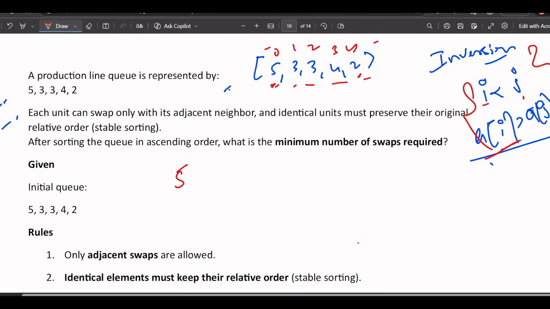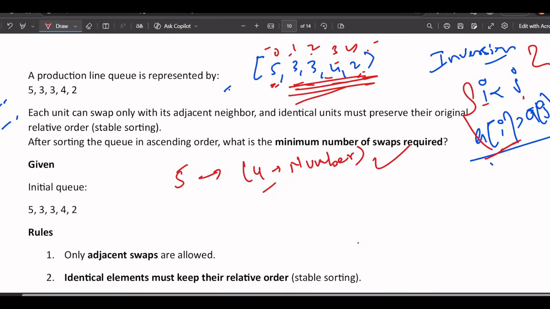There are a total of 4 numbers, which are 3 3 4 and 2. All these numbers break the sorted condition, so we count them as inversions. So for 5 the inversion count will be 4, because 4 numbers are on the right side and they are less than 5.